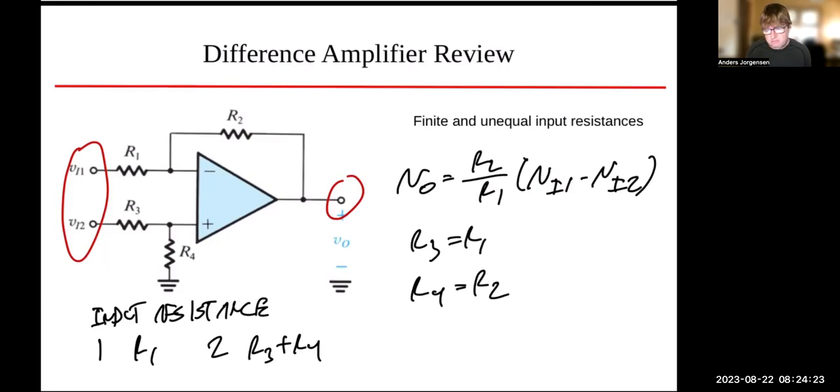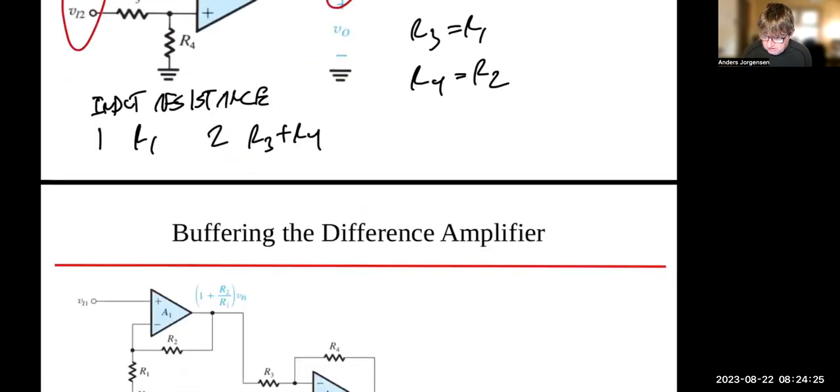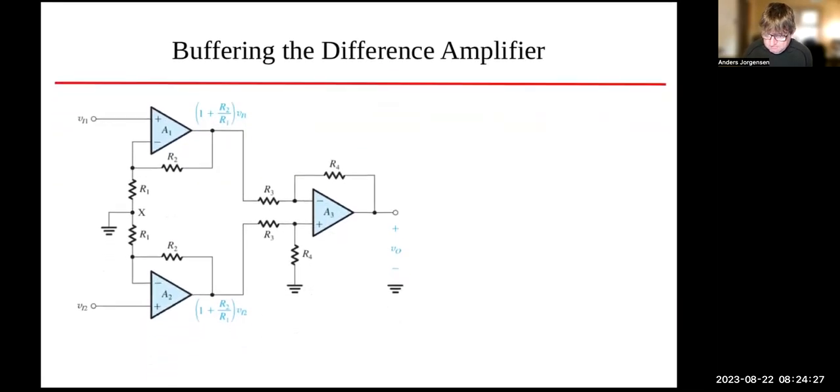So then we introduce what we call the instrumentation amplifier. And we start off by saying, okay, so the problem that we have is that the two inputs have finite input impedance. Well, we can solve that by just attaching a buffer on each input. So I'm going to erase this, and I'm going to draw a buffer here, like that.